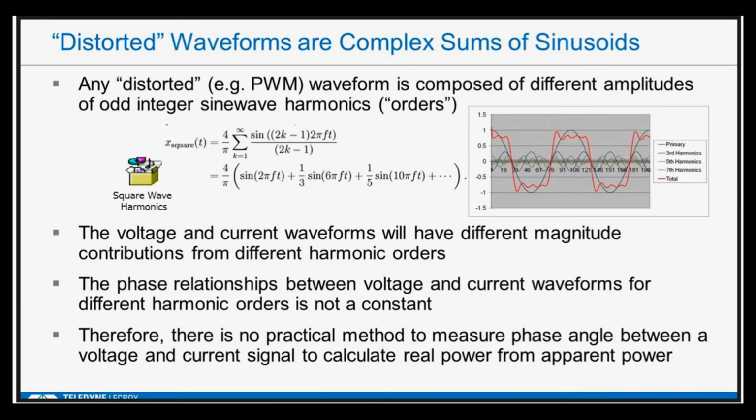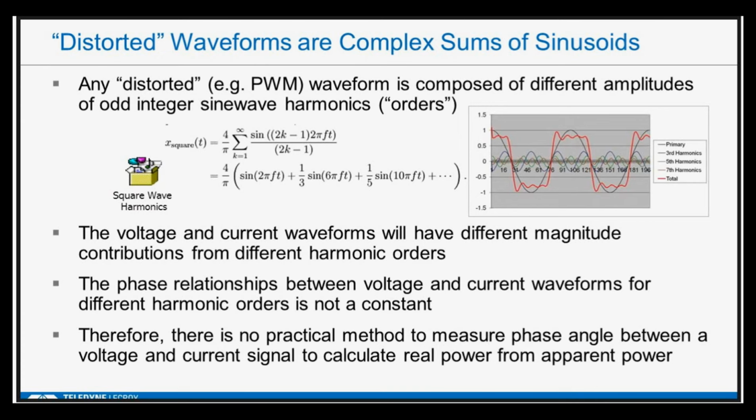First of all, let's remind ourselves what a distorted or square wave waveform looks like, and what is it composed of? Well, it's really a complex sum of sinusoids. Here's one example. Let's imagine this red waveform is my square wave. It's not a perfect one because I've limited it to the 7th harmonic.